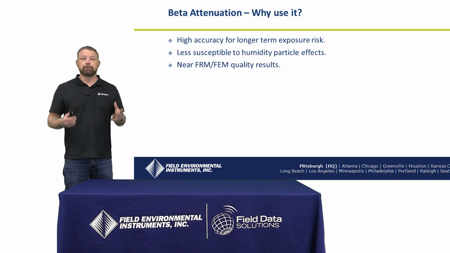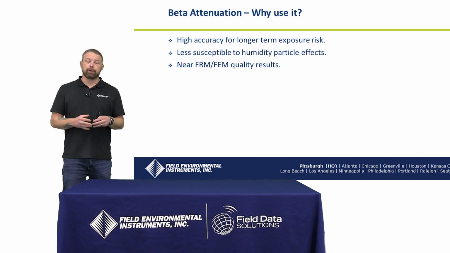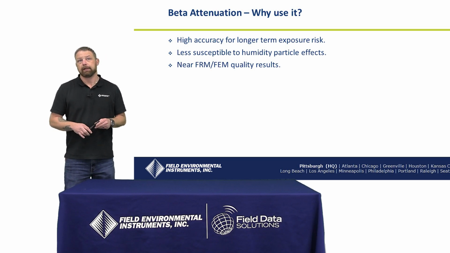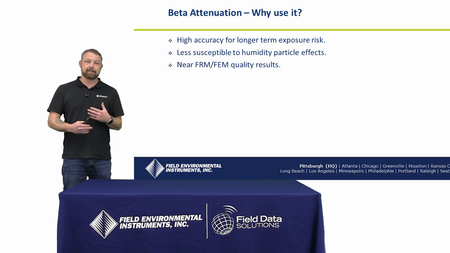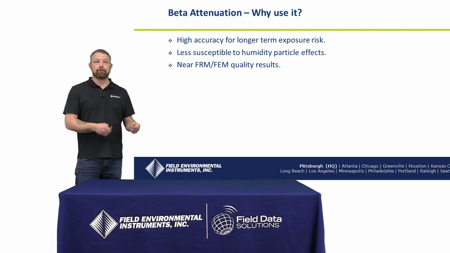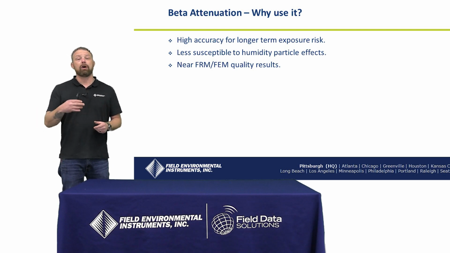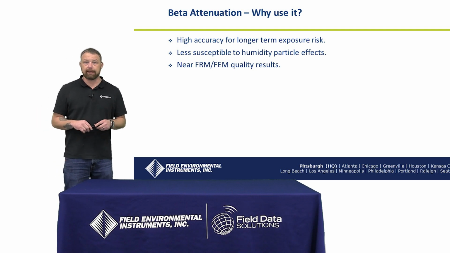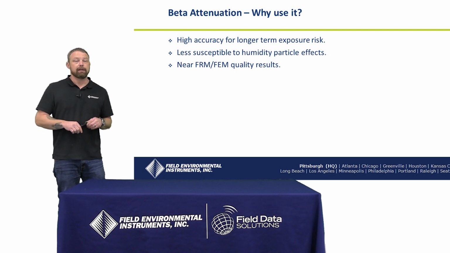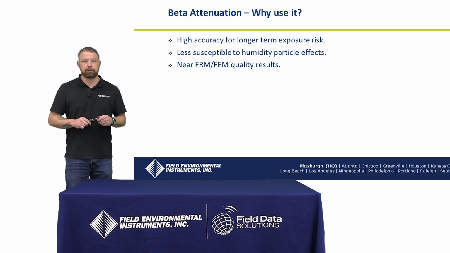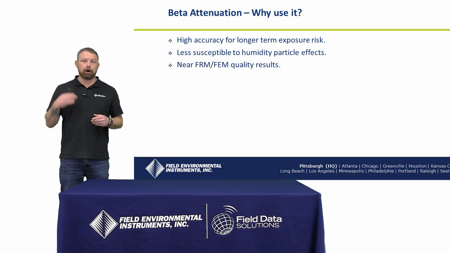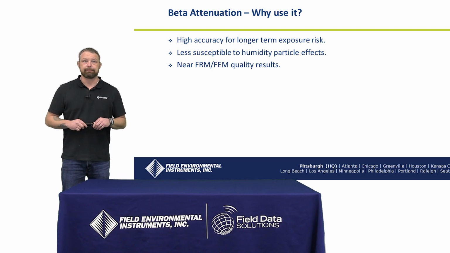The best time to use a beta attenuation monitor is when you need higher accuracy for longer term exposure monitoring. Because of the collection system on the tape that we talked about, the unit is less susceptible to humidity particle effects, although it does still employ an inlet heater that allows it to dry that air before it reaches the tape. Typically somewhere around 50% humidity is where that heater will kick on and will cycle off as the humidity dries out.